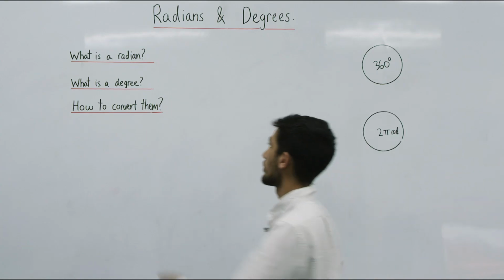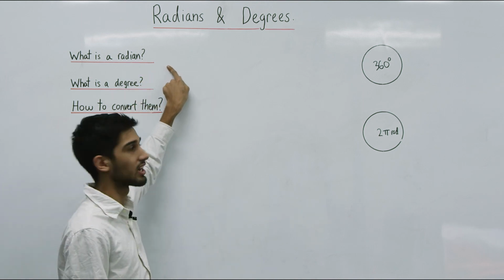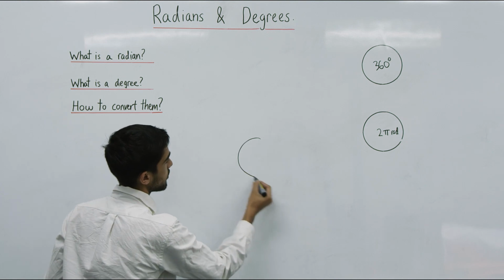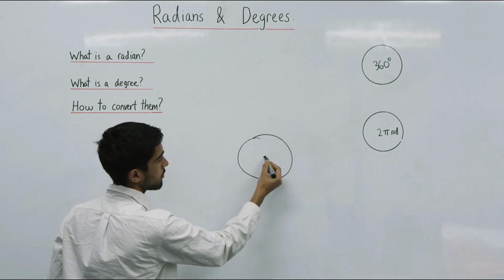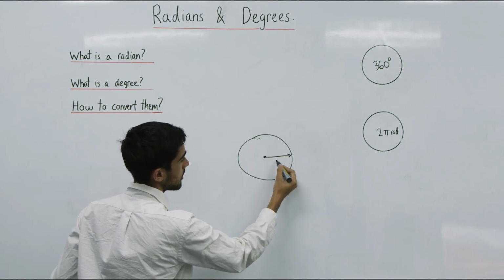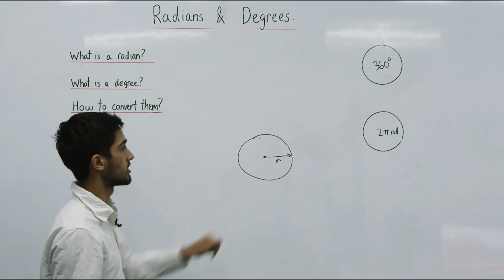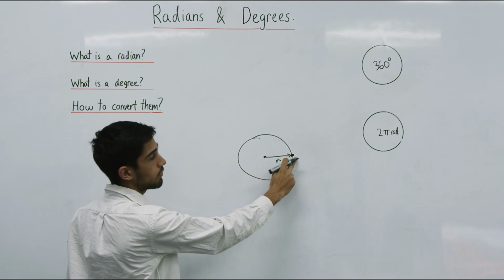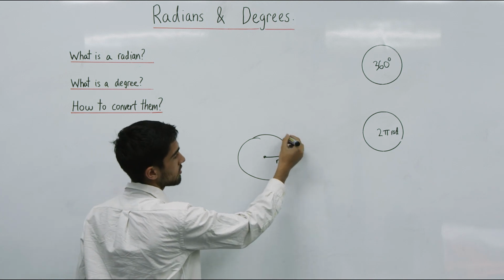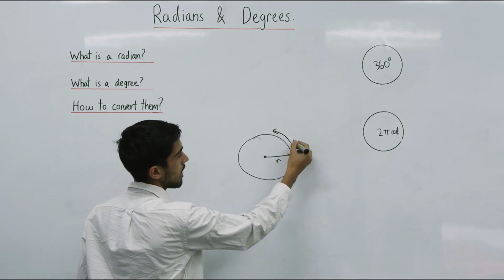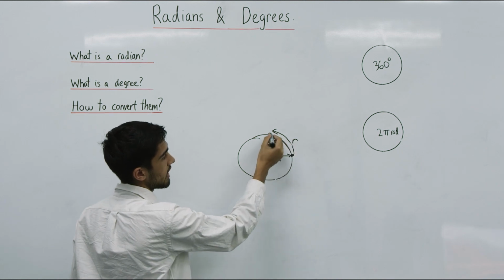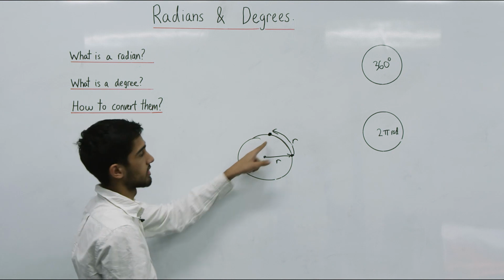So what is a radian? Where does a radian actually come from? The radian comes from this: if you have a circle with some radius r, and you were to stand on the outside of the circle and walk the equivalent distance r around the edge of this circle, the point you'd land is here, approximately.